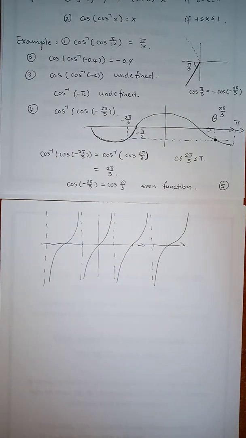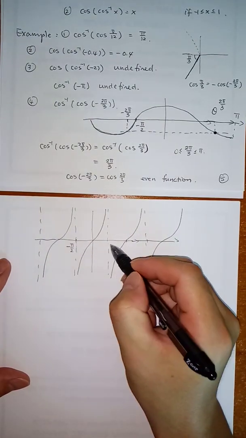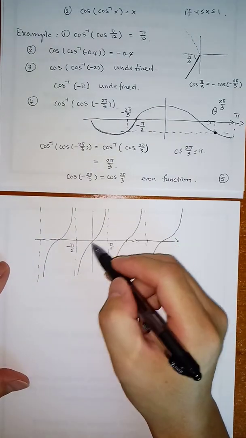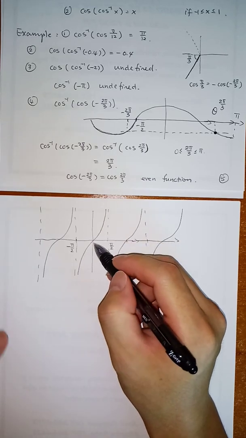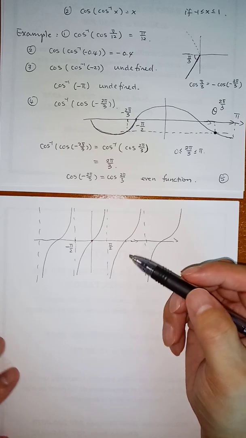All the branches are identical, so we just pick one branch, the middle branch, meaning the branch containing 0.